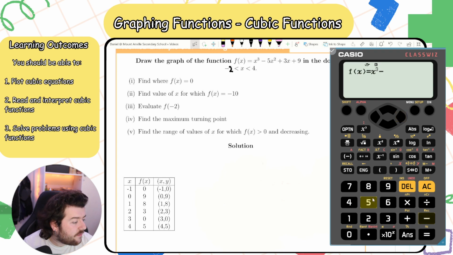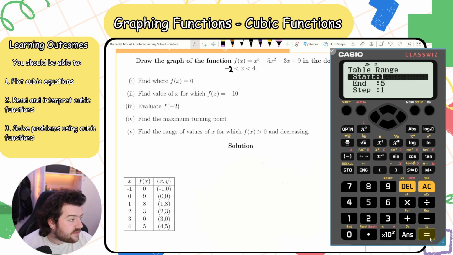Leave g of x, leave that alone. I'm starting at -2, ending at 4, and I'm going up in ones.